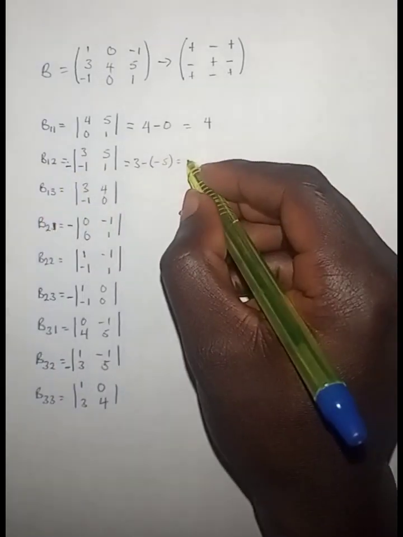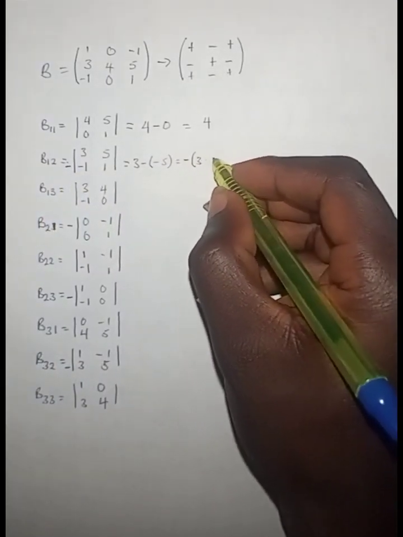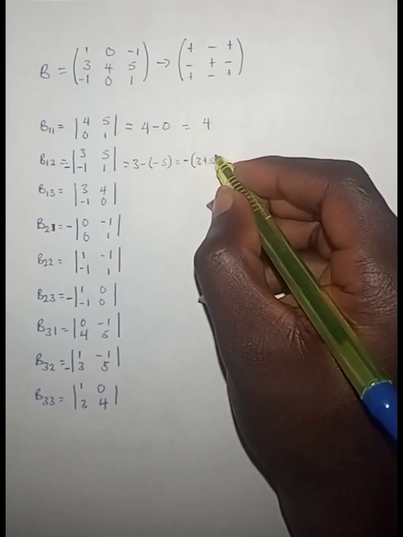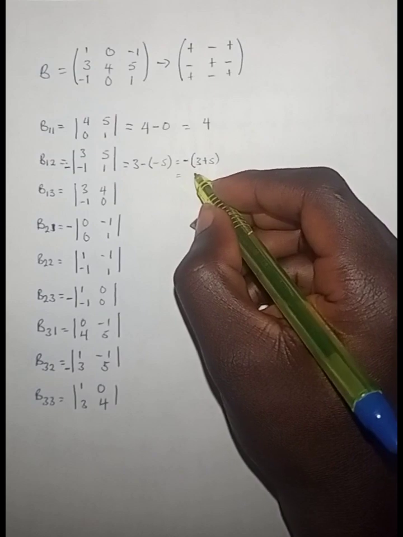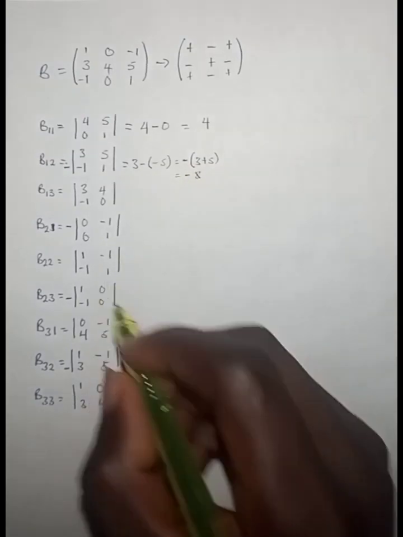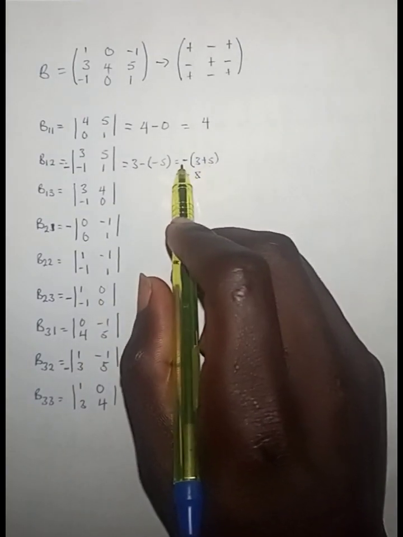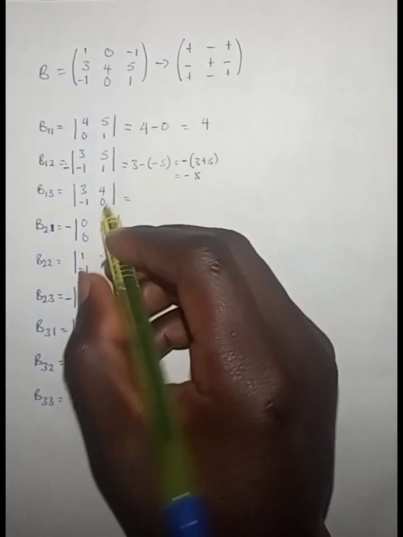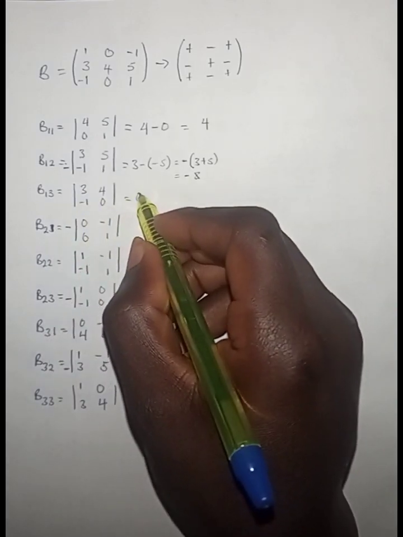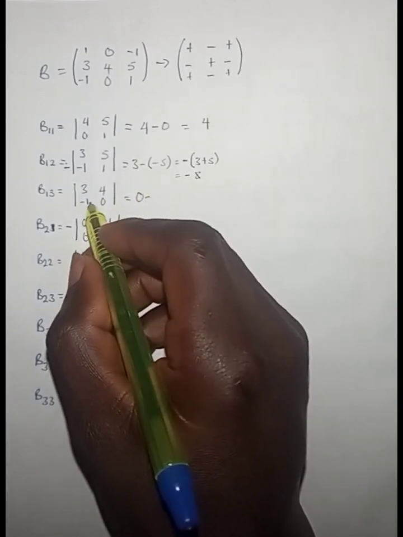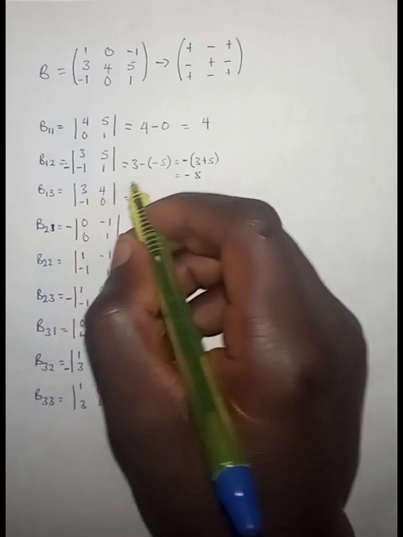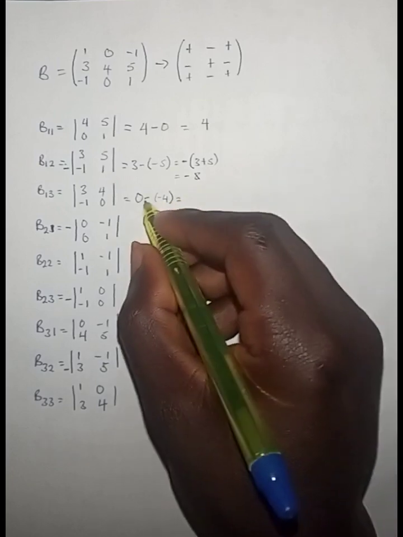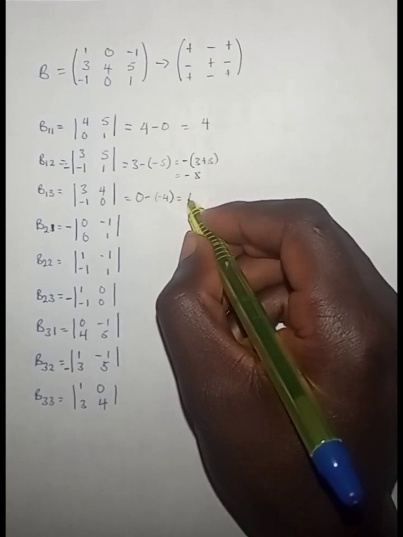Then the sign here, we have plus 5, which is going to be minus 8. 3 plus 5 is 8 times the minus, minus 8. 3 times 0 is 0, minus 1 times 4, minus 4. Minus times minus is plus, which is 4.